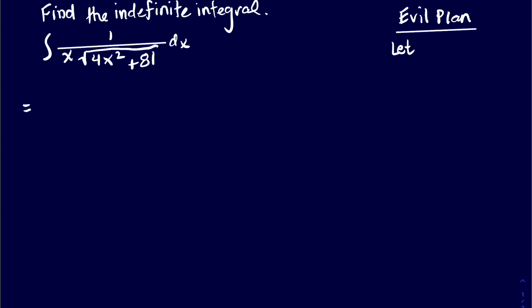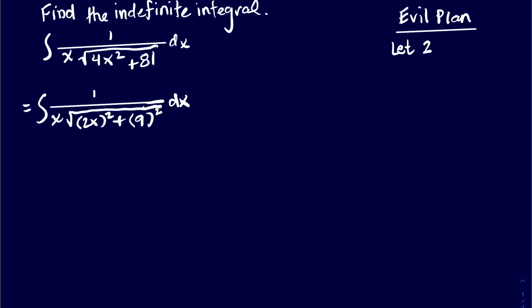So I'm just going to write this as 1 over x times the square root of 2x, the quantity squared, plus 9 squared dx. So if we let 2x equal to a tangent theta, so a, remember, was 9.